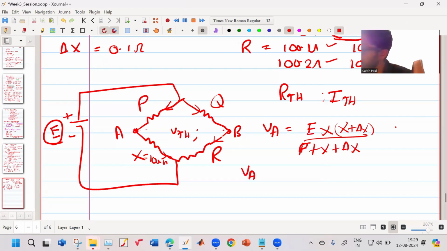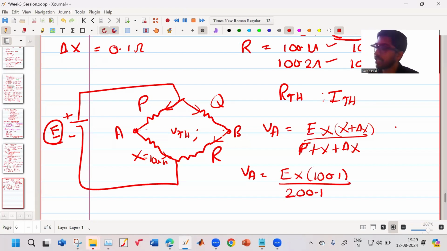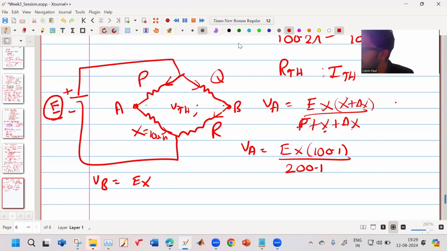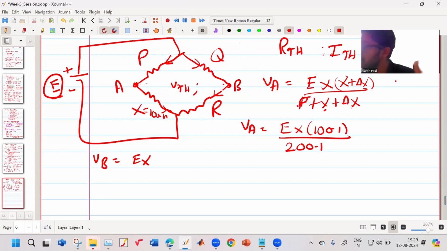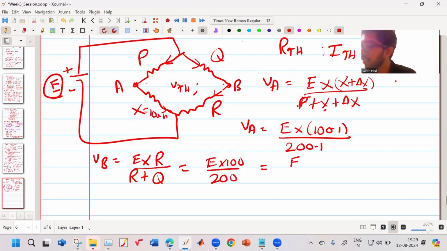So VA is E into 100.1 divided by 200.1, that is 100 plus 100 plus 0.1, 200.1. Your VB is equal to E into R divided by R plus Q, that is E into 100 divided by 200, that is E by 2.